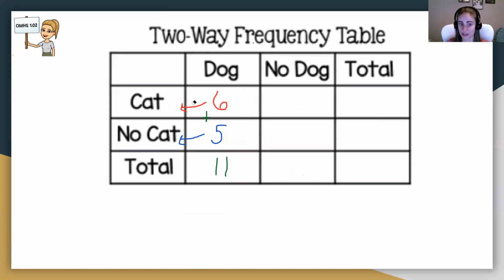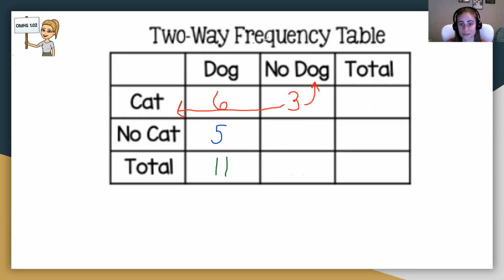All right, let's fill out our next set of information. We are informed on the data that we gathered that there are 3 people who do not own a dog but do have a cat. That would go right here because this overlaps with the no dog and the cat category. So 3 people do not own a dog but do have a cat.